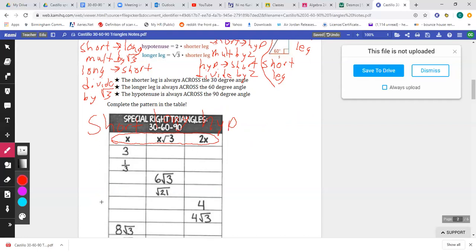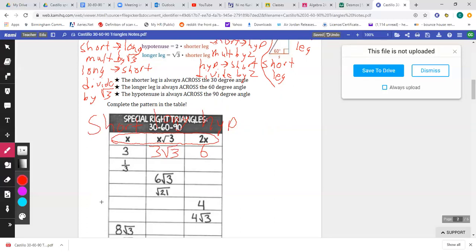But always go from the short leg, right? So the long leg, I multiply by √3, so 3 times √3 is 3√3. And to get the hypotenuse, you take the short leg and multiply it by 2. So if x is 3, what's 2 times 3? The hypotenuse would just be 6. That's super easy, right? If your short leg is 3, your long leg would be 3√3, and your hypotenuse would be 6. Okay.